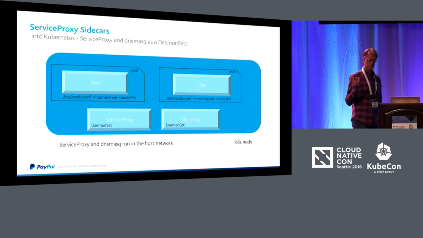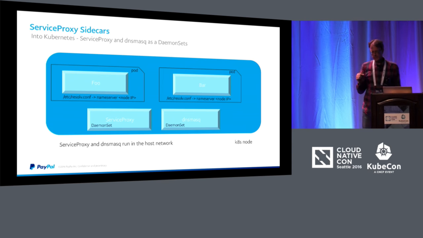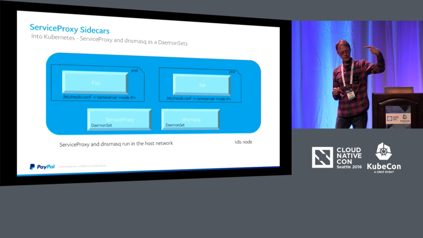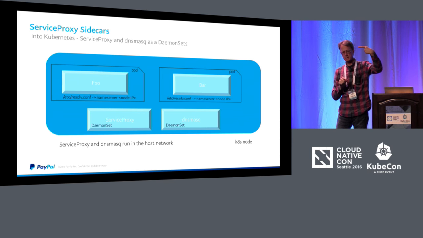The third leg is to configure your kubelet on every node to deposit the node's own IP address as a name server inside of each container's resolv.conf file.